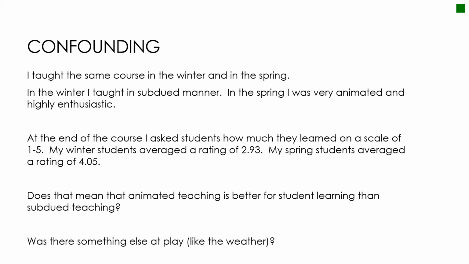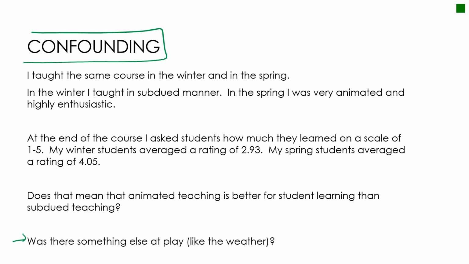So, does that mean it happened because in the winter I taught in a subdued manner and in the spring I was very animated and enthusiastic? Or is it just that my students were also in a better mood because it's spring, and spring in Nebraska, except for this spring that we're having right now, is typically amazing. So, was there something else at play, like the weather?